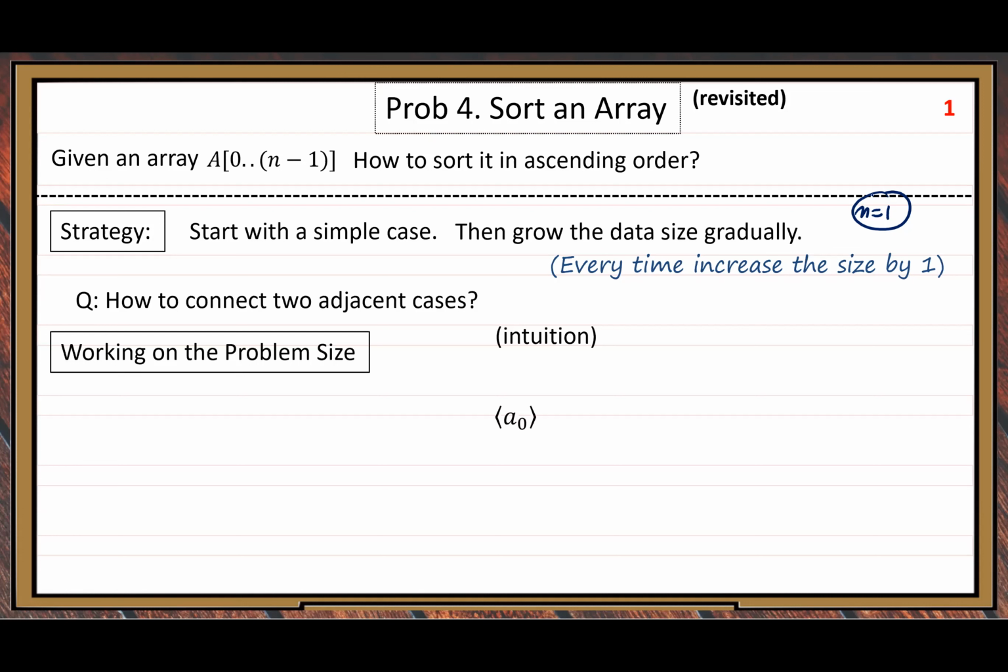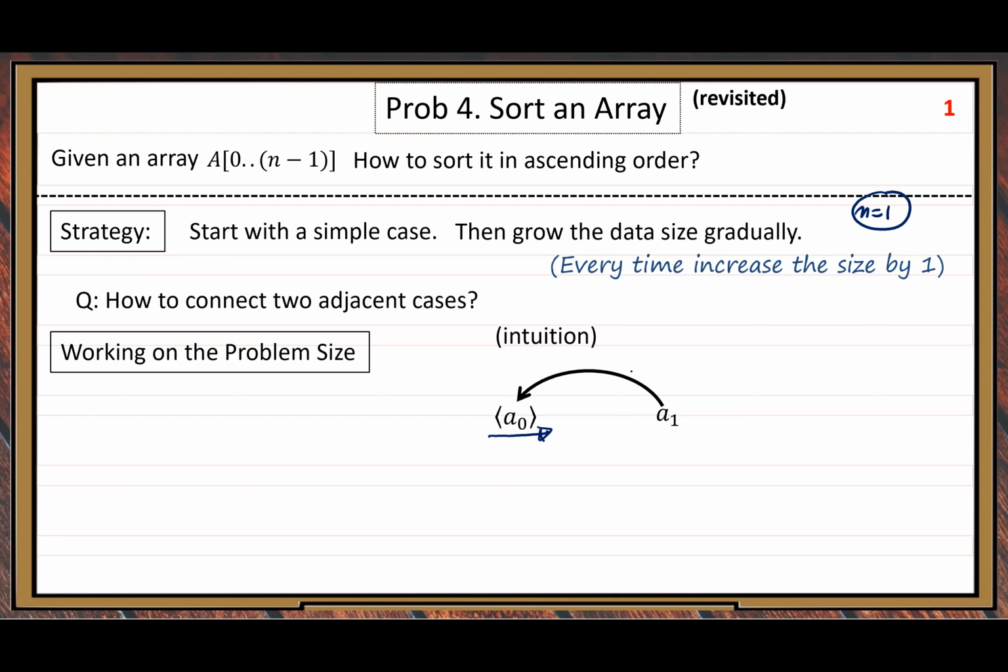All right. So when we start, we have a one-element array. It is already sorted, right? One-element array, we can treat it as an ordered array. So no problem. But the next step, when we have a new element trying to join this sorted array, this is a sorted array, but this time a new element needs to join the ordered array.